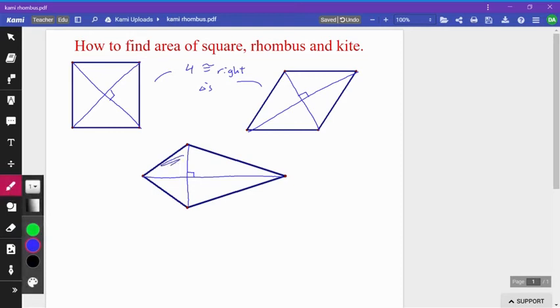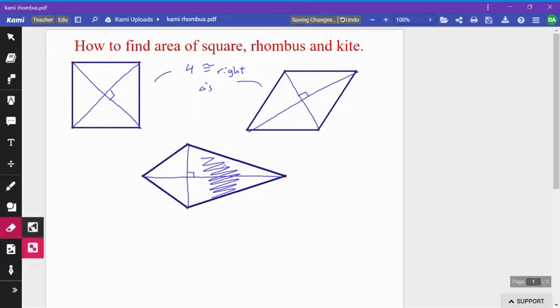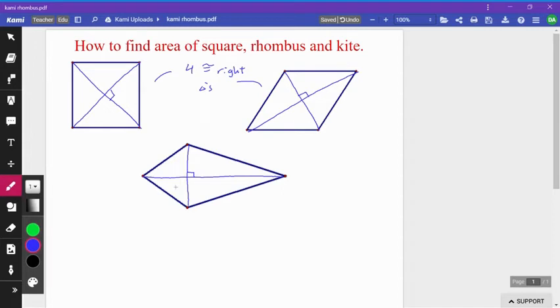For instance, this triangle up here is going to be an isosceles triangle, and then this big triangle over here is going to be another isosceles triangle. So we can take a look at a kite as either finding the area of each of these four right triangles and adding them together, or I could find the area of each of these isosceles triangles, this one on the left and this one on the right, in order to find the area.